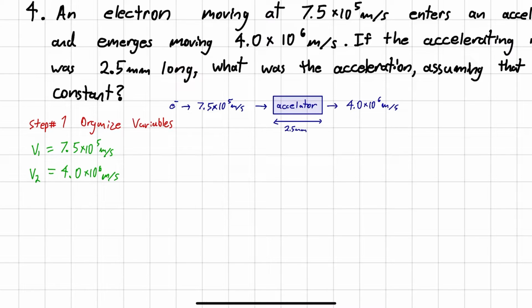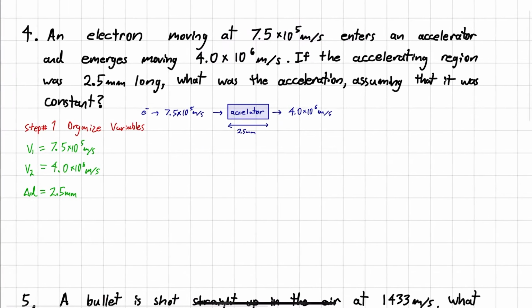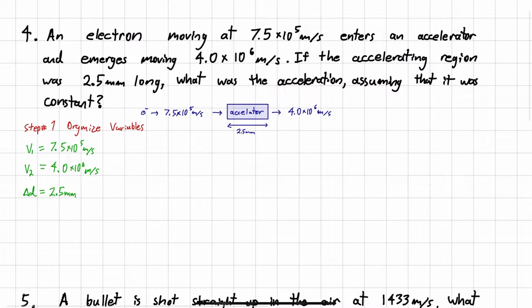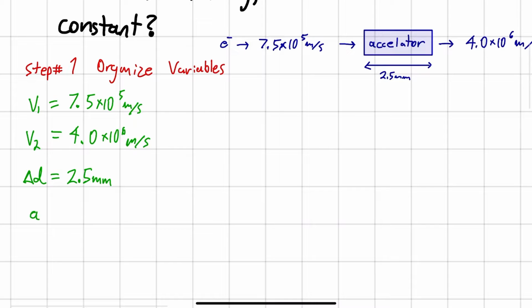Well, that means that the distance that our electron traveled during this acceleration was 2.5 millimeters, and that is a unit of displacement. And then the fourth variable, which is the one we're looking to find, is the acceleration. So what is the acceleration? We're not sure, so that is our unknown variable.